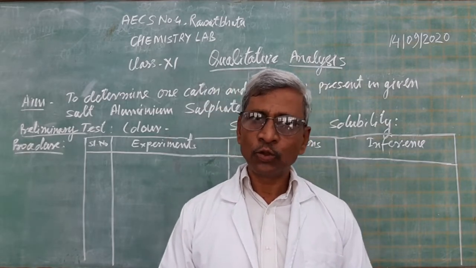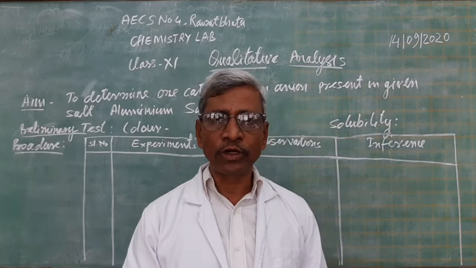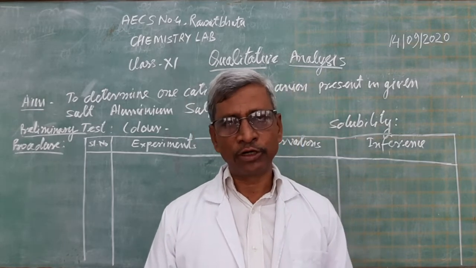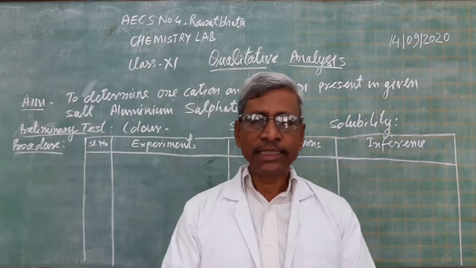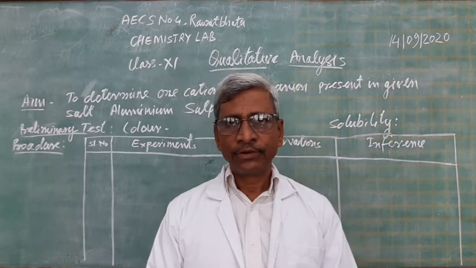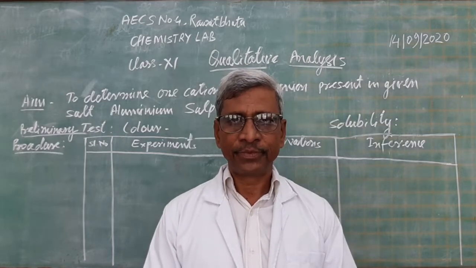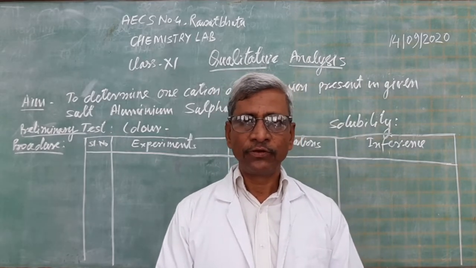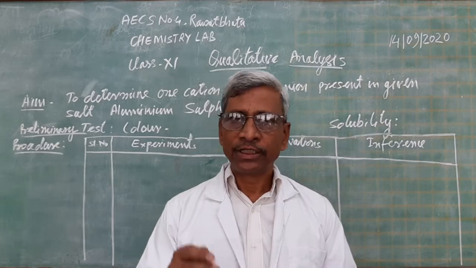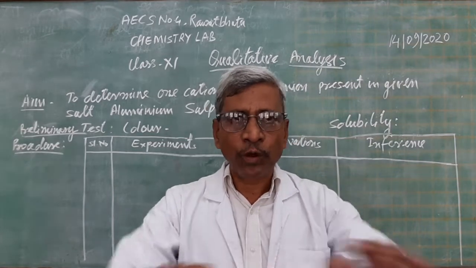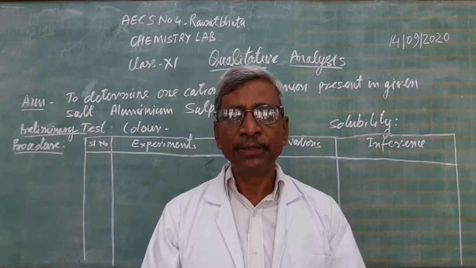And those that don't combine with either dilute or concentrated acid are placed in the third group, the neutral group. While analyzing an anion, first we try to identify the group of the anion. To some extent, we will be able to say that this is the particular anion, or this is the group of anions which may be present in the salt.